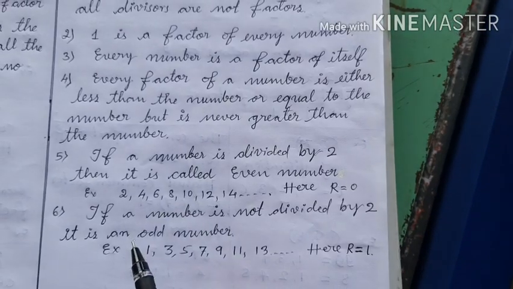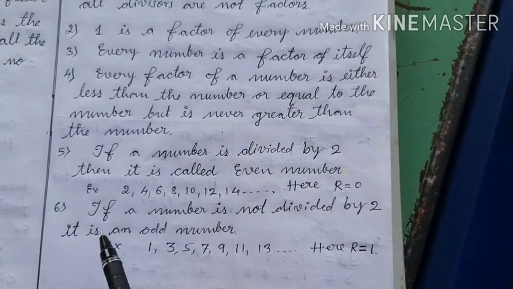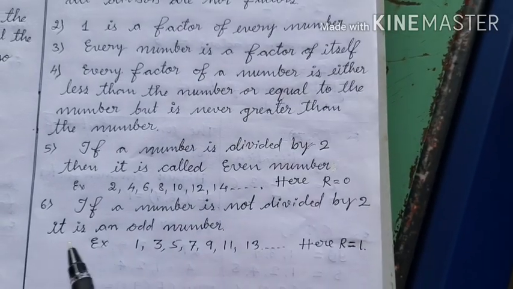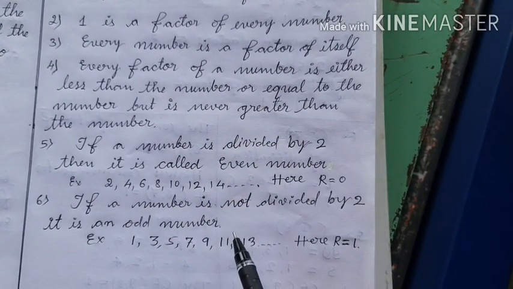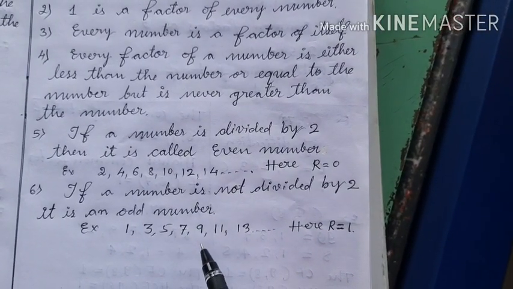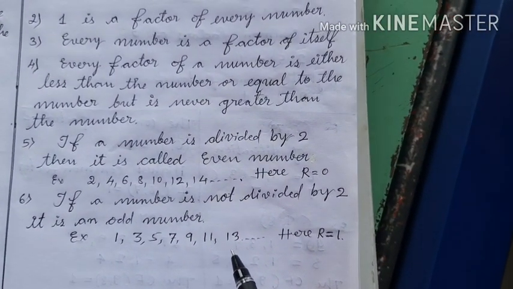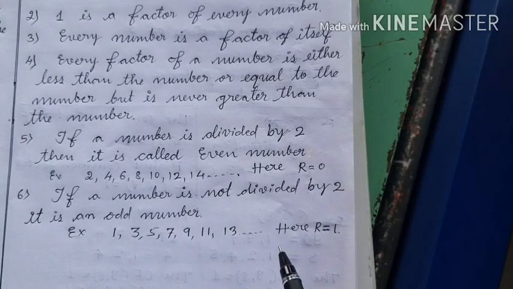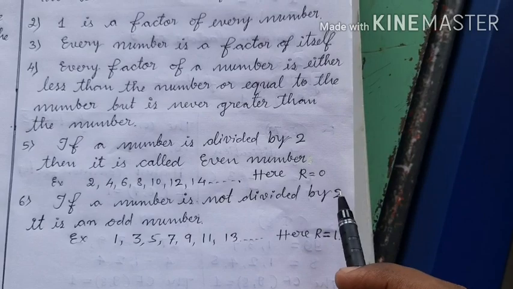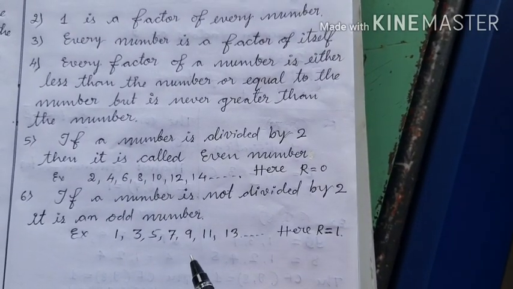Okay, what is an odd number? If a number is not divided by 2, then it is an odd number. For example, 1, 3, 5, 7, 9, 11, 13 and so on. If you divide these numbers by 2, the remainder is not 0.